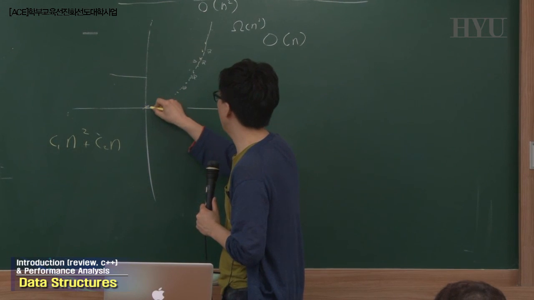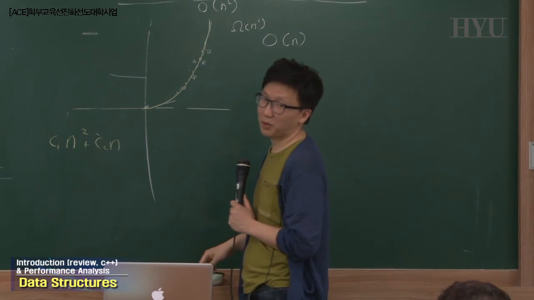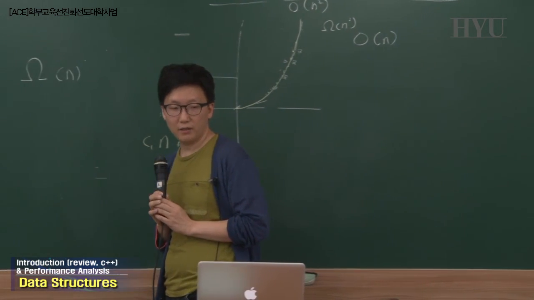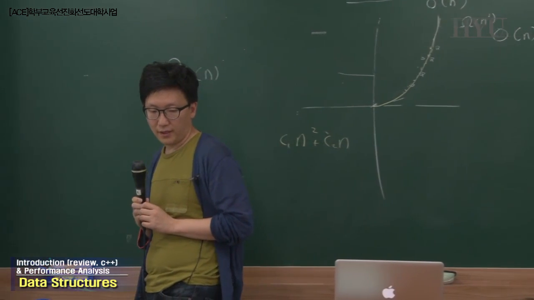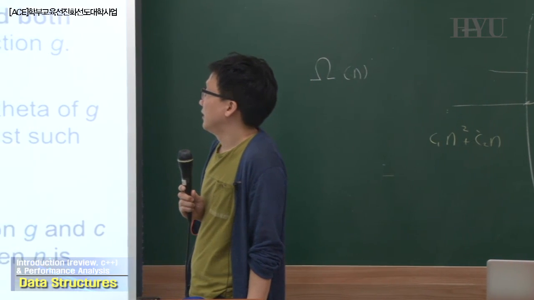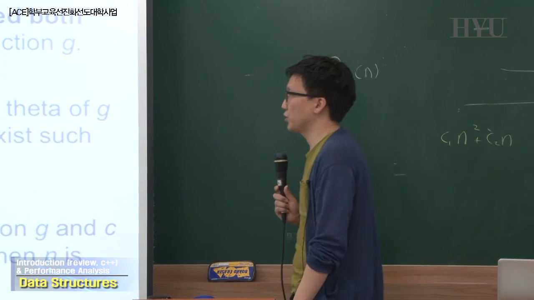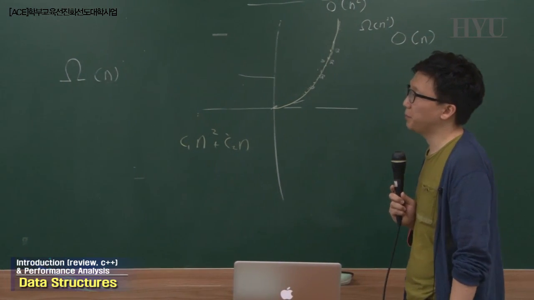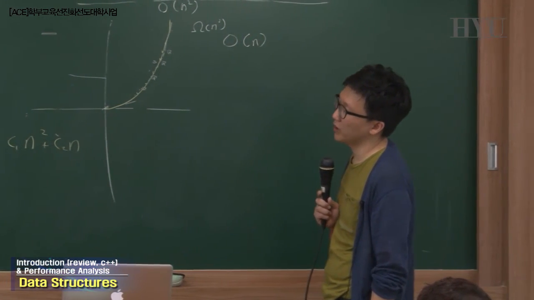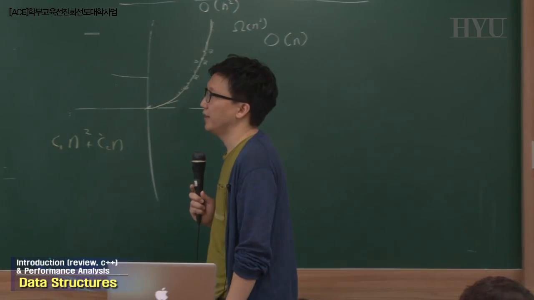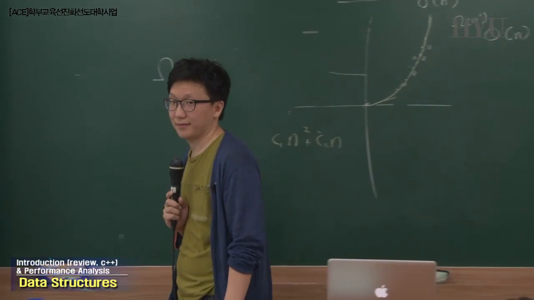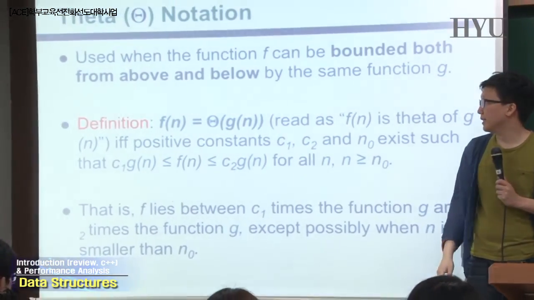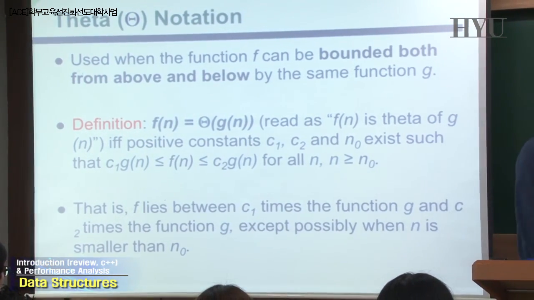Well, now it's bounded onto this part. Definition: f(n) is theta of g(n) if and only if positive constants c1, c2, and n0 exist such that they stay in between. Then you can call it theta of g(n).